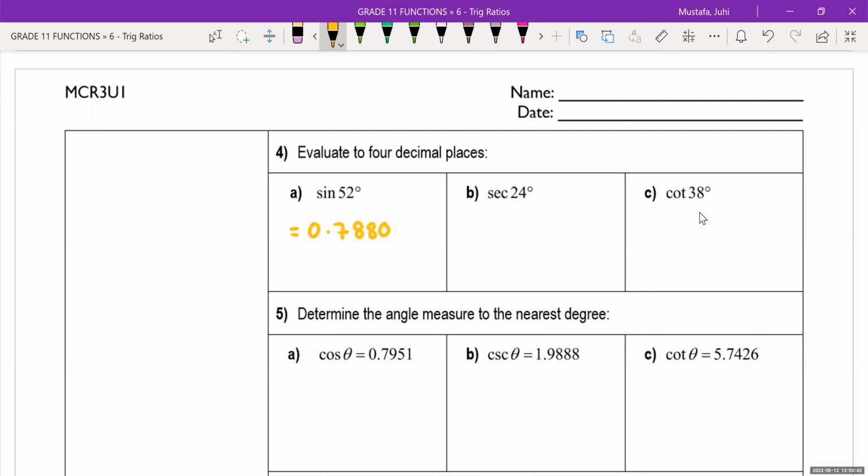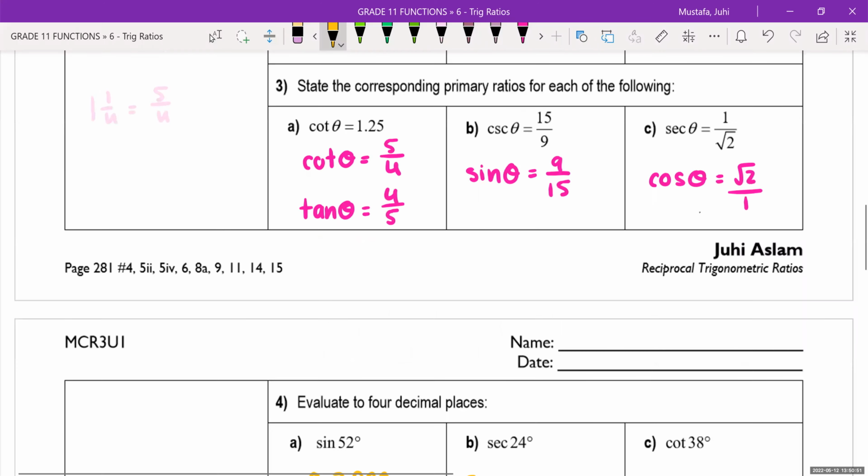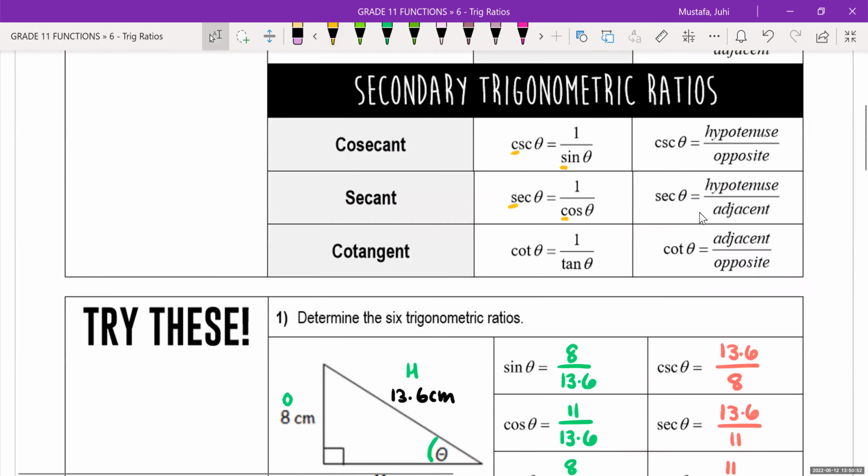Now, how do you calculate for something like secant 24? Well, first we're going to rewrite it in one of these forms. So see how we have these over here? We're just going to rewrite whatever the secondary trig ratio is in a primary trig ratio form. So secant theta is 1/cos theta.